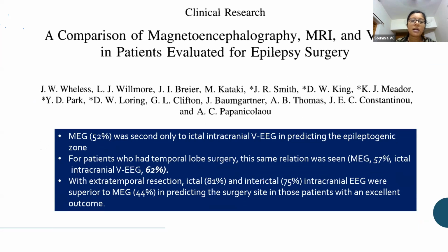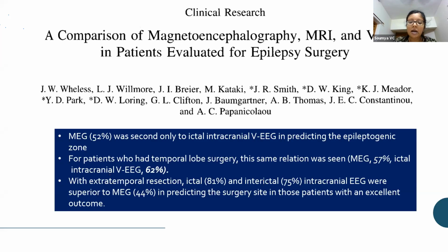It was found that MEG was second only to ictal intracranial video EEG in predicting the epileptogenic zone, and the same relation was seen in temporal lobe epilepsy patients post surgery. With extratemporal resection, the same relation was again seen, and the margin was much higher.